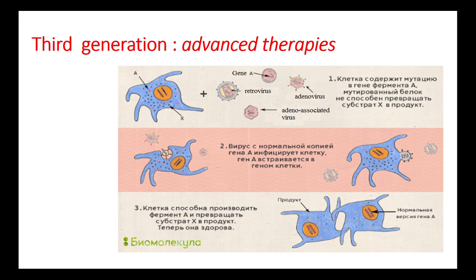For example, we know about cells that present a mutation in gene A. And we need to make a drug which will lead to these cells and will cut out the mutation gene and ligate the normal gene inside, and it will give the effect of successful treatment. What do we need to use?